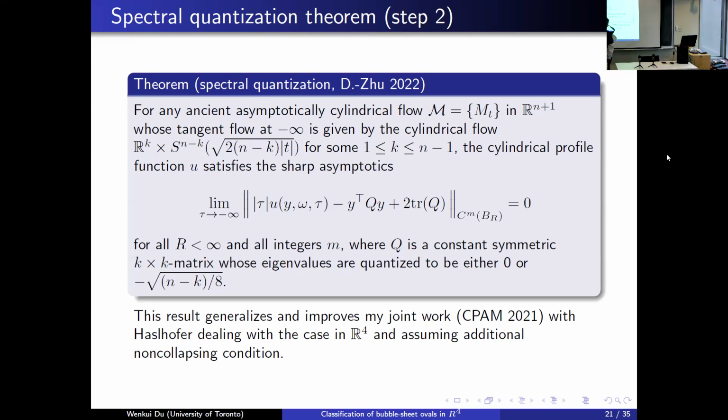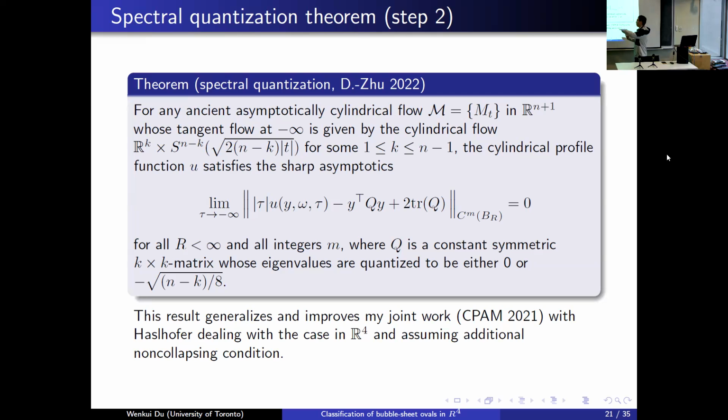if we multiply by the absolute value of tau, looks like a quadratic polynomial. The quadratic polynomial is governed by this constant matrix Q, and the constant matrix Q is a symmetric matrix whose eigenvalues are either 0 or this negative number. And what is the meaning?